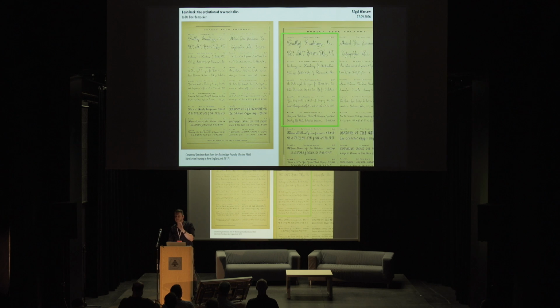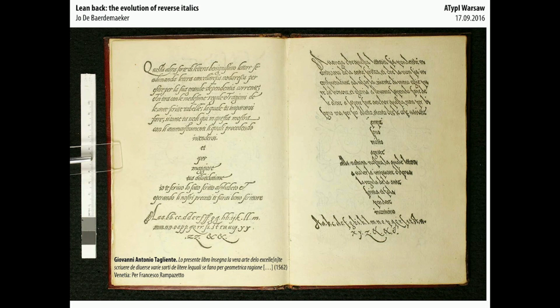And the reason that I'm putting attention to this calligraphic style is that it was a big surprise for me to see that even talented calligraphers from the Italian Renaissance, like Tagliente, were already experimenting with or showing examples of reverse italic handwriting. In most cases, those were sample or model books of alphabets made to show the skills of the specific scribes.